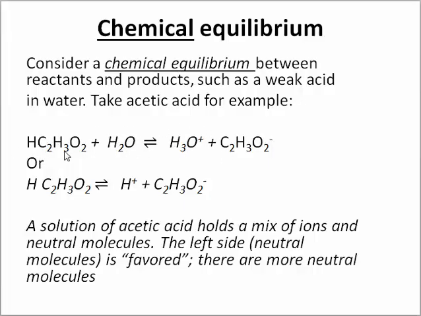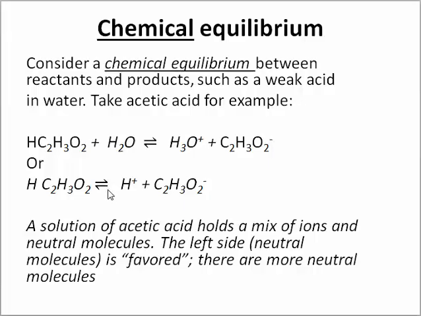Note the balanced chemical equation for this can be represented by including water and showing the formation of hydronium when H transfers from the acetic acid to water, or this equilibrium may be shown by the more conventional approach in which an H+ is shown on the right hand side and no H2O appears on the left hand side.